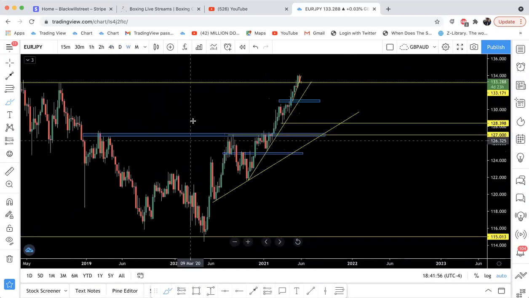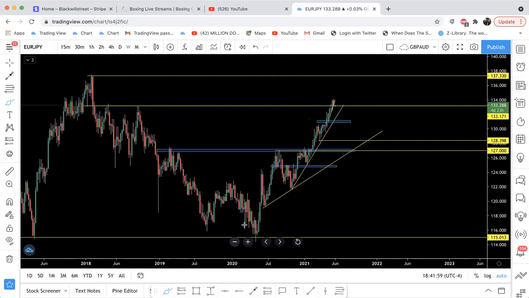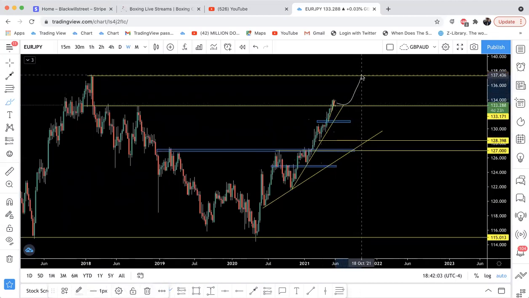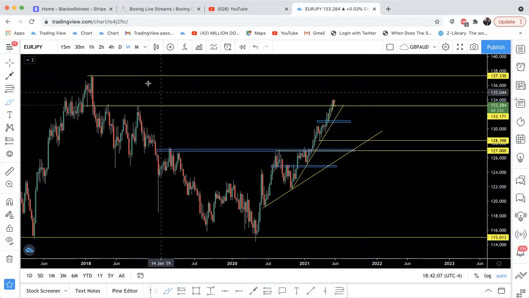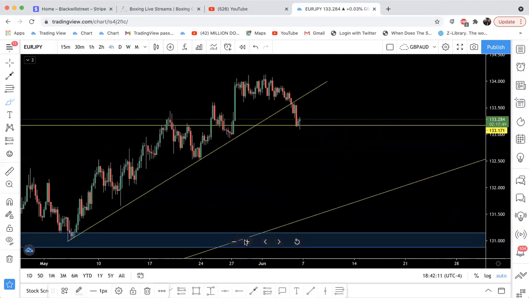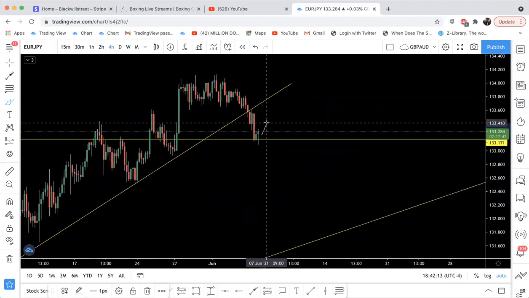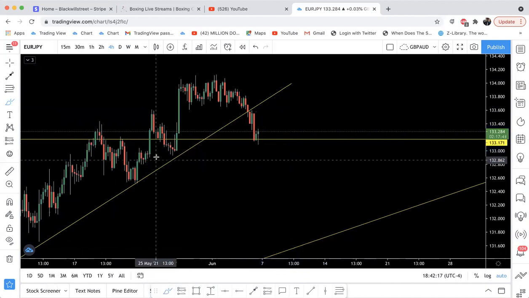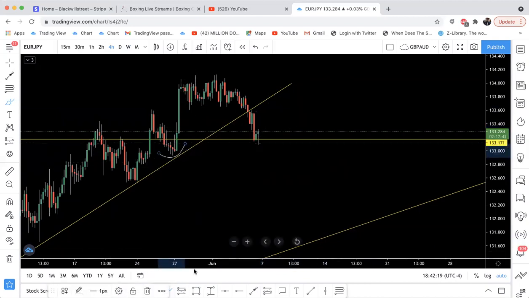And if that happens, then I will expect this to really come all the way back up to this supply level up towards 137.4. But if that doesn't happen, and let's say on a 4-hour perspective, price pulls back and then actually breaks this higher low structure, then that's a sign that we are reversing.